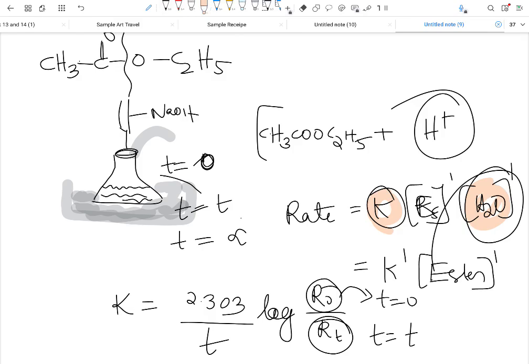We have to find these two things. We will find them using the titration method. How it will work, I will explain now.